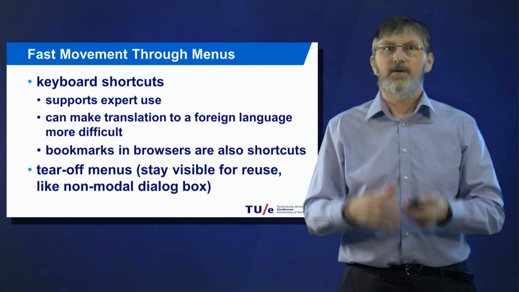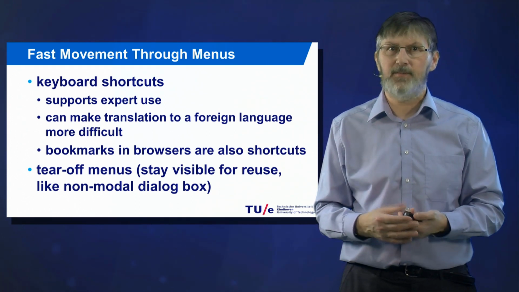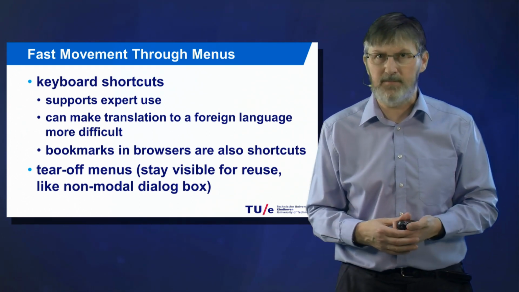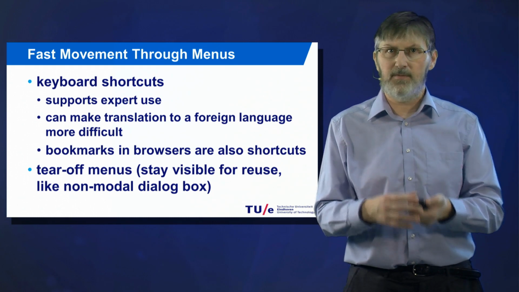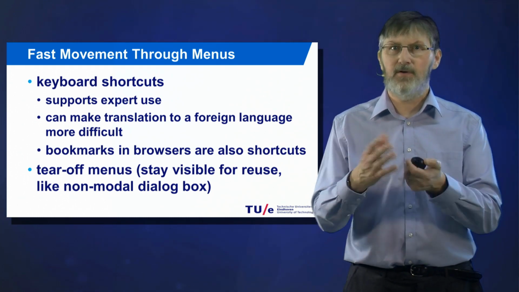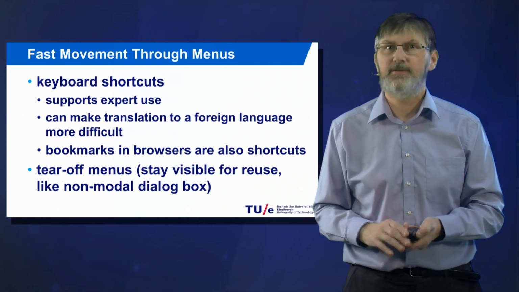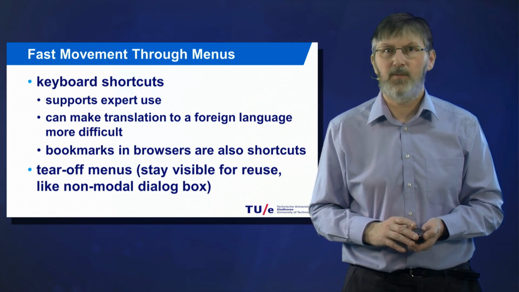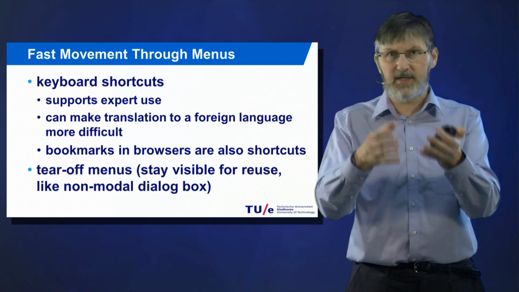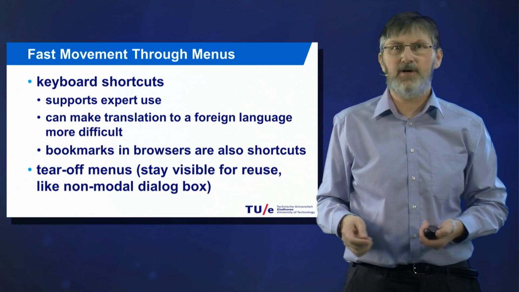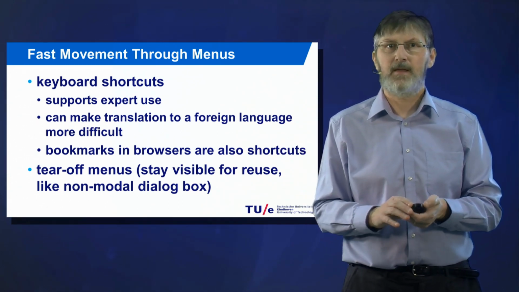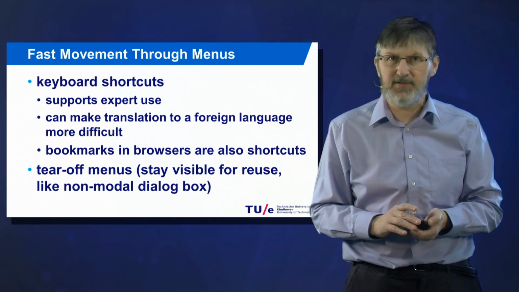Finally, we know dialog boxes come in modal and non-modal form, like the non-modal dialog box in Office to insert symbols in a document. We can open up that dialog box and then put it on the side because we will use it often. We can, in some systems, do the same thing with menus.